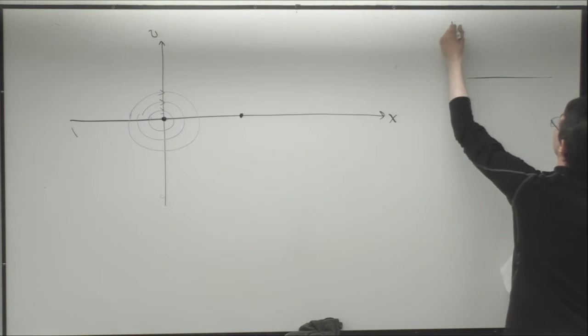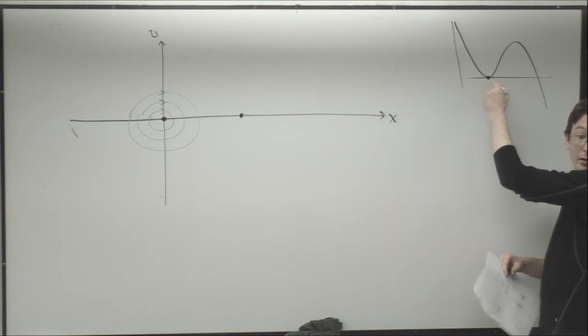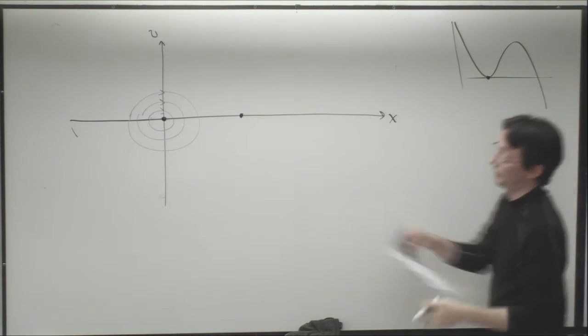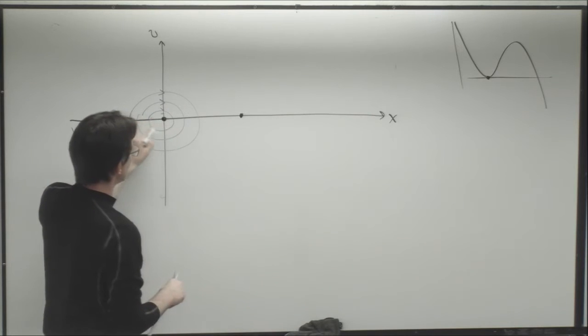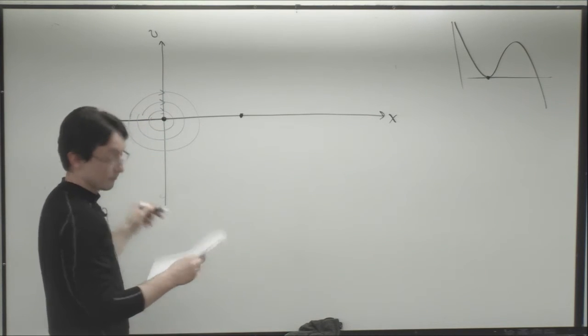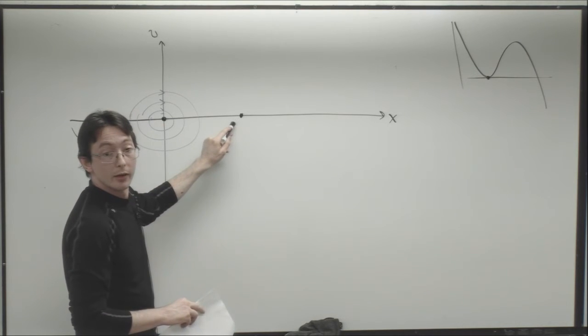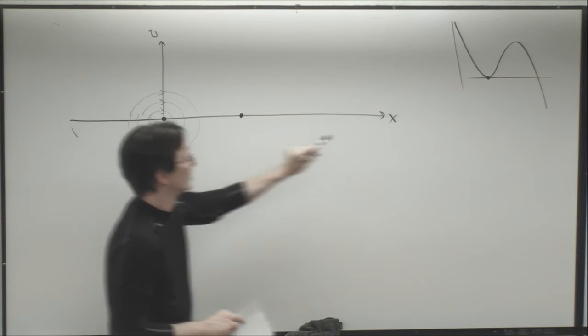If I start in a vicinity of this well, I'm just going to oscillate around that well forever. That's what this is showing me, that my position and velocity are just oscillating out of phase in circles.